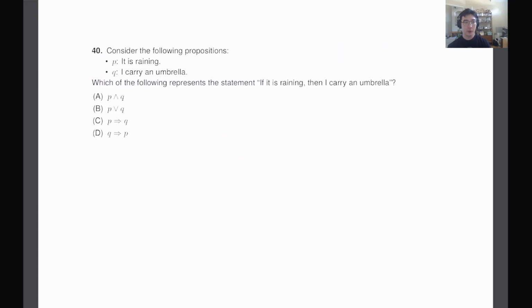All right, question 40. Consider the following propositions. P, it is raining. Q, I carry an umbrella. Which of the following represents the statement: if it is raining, then I carry an umbrella? And then we have some notations. So let's take a look at these, starting from A. Now, this notation is the equivalent of an and.